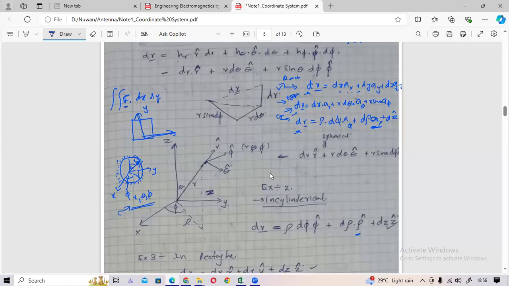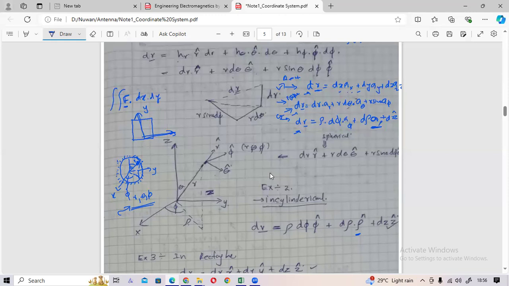So I am asking, there is a sphere. Let's say that this sphere has some charge. So if you need to find the total charge, the total surface charge, you need to find the surface integration.